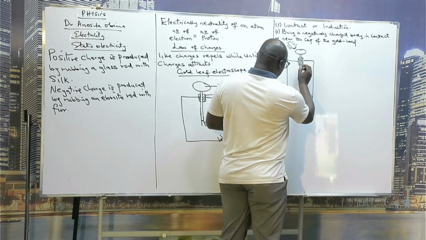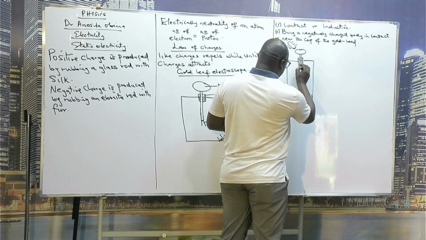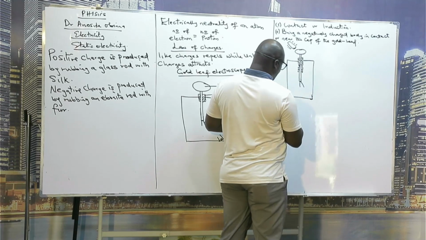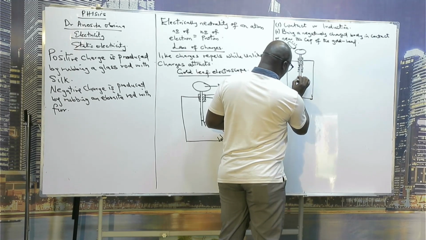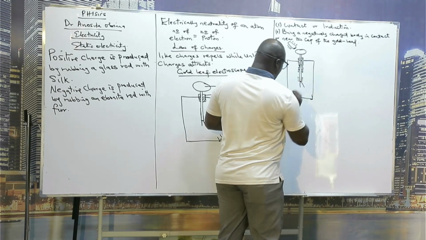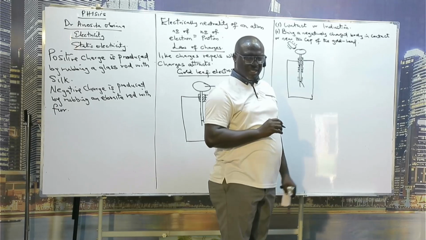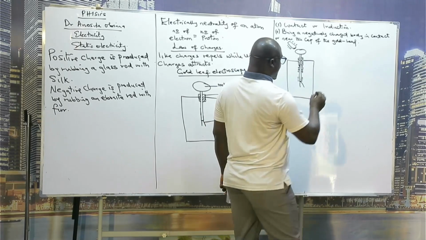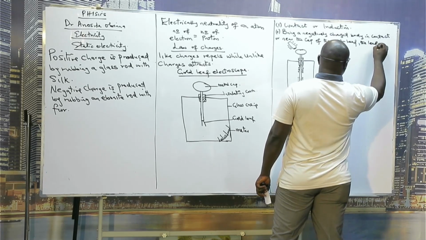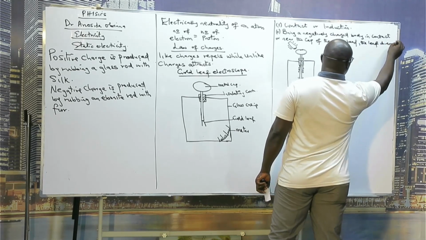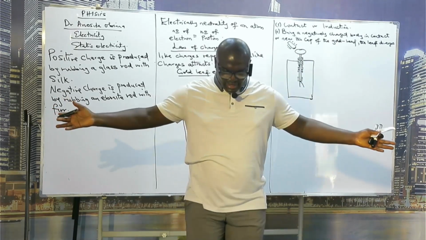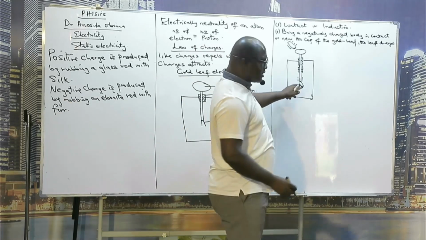The positive charges will come close to the cap, marking attraction, while the negative charges will move down near the leaf, indicating repulsion. At this moment, the leaf diverges, indicating the presence of a charge.